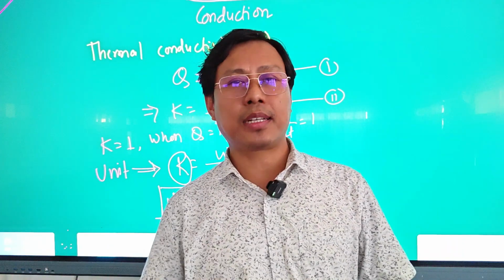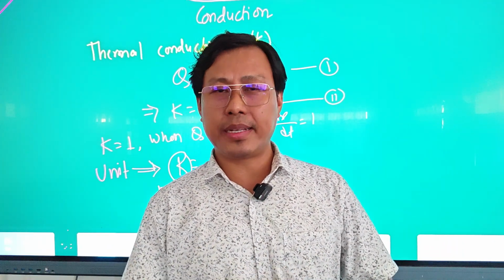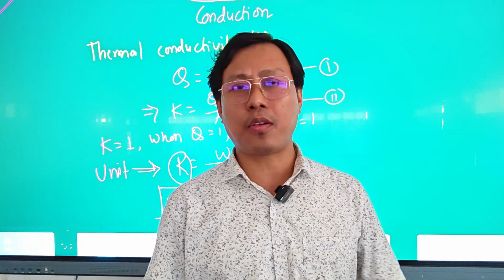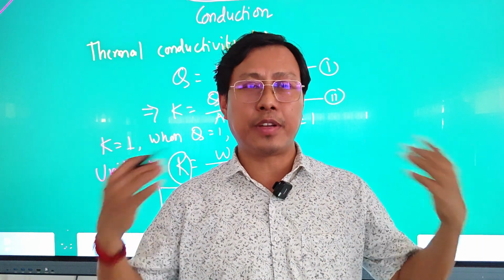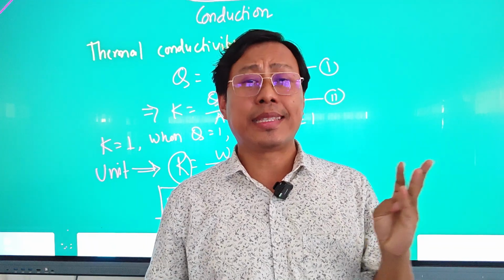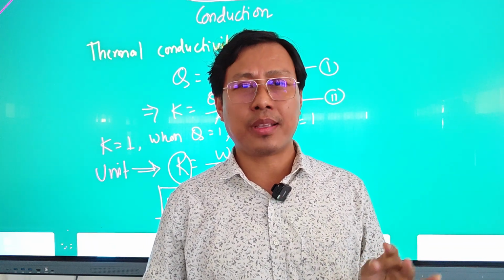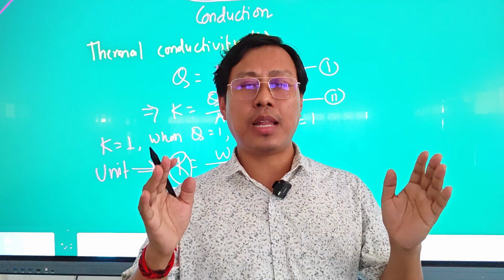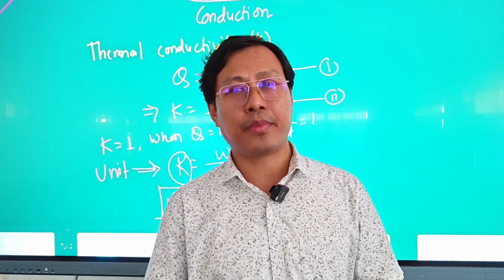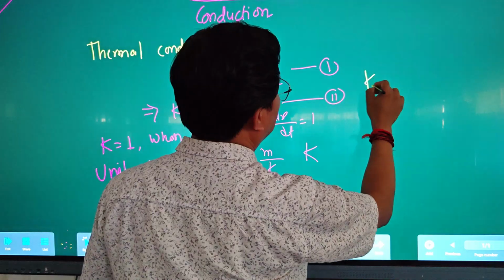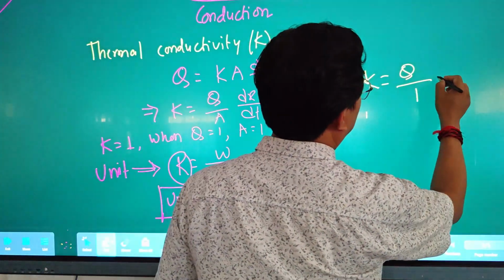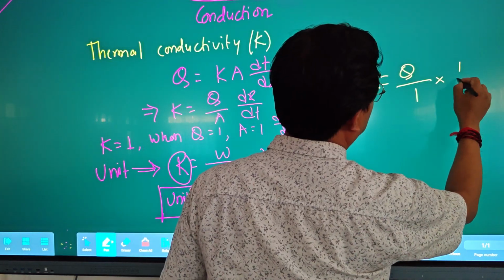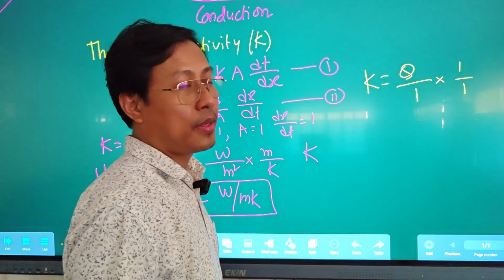So this thermal conductivity is a property of the materials through which heat conduction will take place. So for example, if we consider different materials like aluminium, silver, copper, iron, okay, all the materials will have their different value of K. So K can be defined as the Q per unit area and per unit temperature gradient.